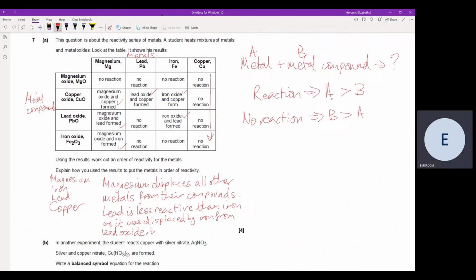But it displaced copper from copper oxide.